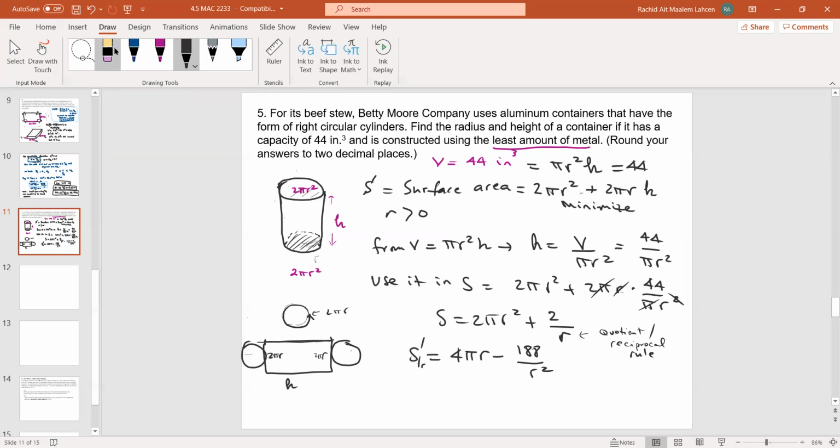So this is going to be not 188, it's just 88. Because I was multiplying it and thinking about it as 188, then I see that it's a 44. So V is 44, so H is 44 over pi r square. We put that for H.